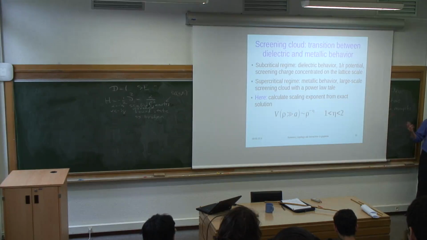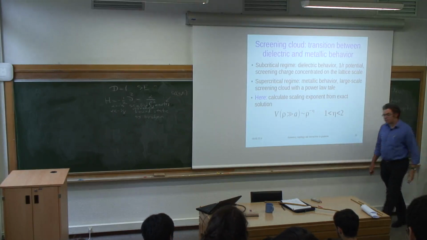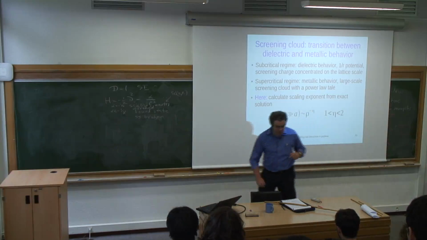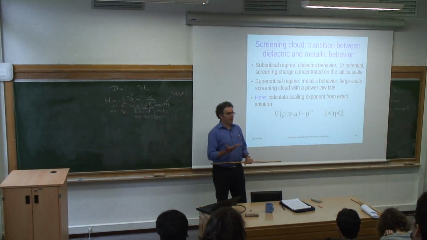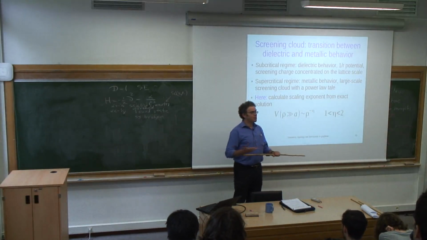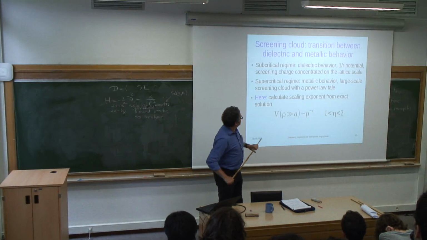So based on scaling, you would predict a delta function, and sure, if you do the calculation, you get a delta function for the screening cloud. But then when you go to the supercritical case, it should change because we break scaling symmetry, and so there should be some other form of screening cloud.